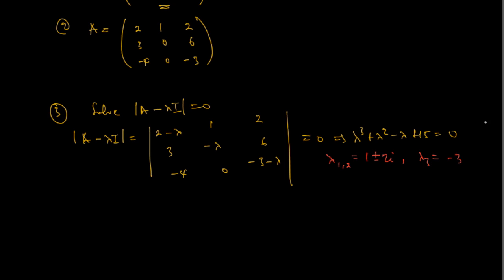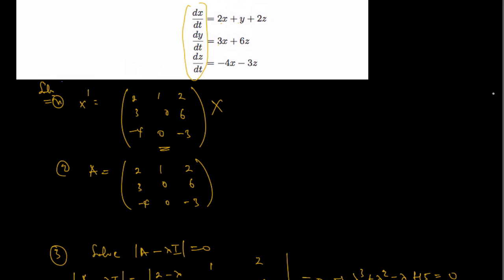Because we're solving a three-dimensional linear homogeneous system, we're expecting that our solution should be of this form: x equals c1x1 plus c2x2 plus c3x3. Where x1 is the solution that corresponds to the first eigenvalue, x2 is the solution that corresponds to the second eigenvalue, and x3 is the solution that corresponds to the third eigenvalue.